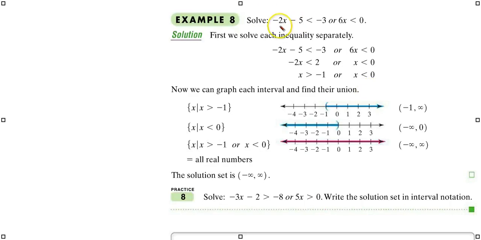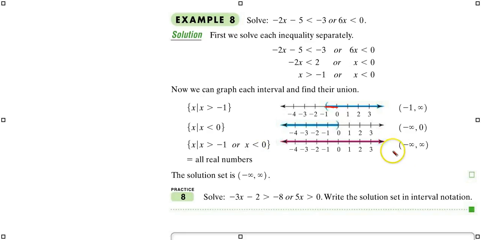Now in example 8, again, we're solving this as a union. We solve each part, and we get x is greater than negative 1, or x is less than 6. So we do this graph, we do the other graph, and when we move these down into one line, we notice there's a little section of overlap right there, but it makes a continuous graph going way over there and way over there.